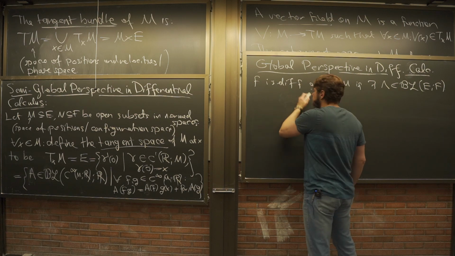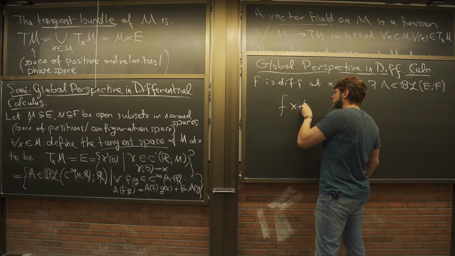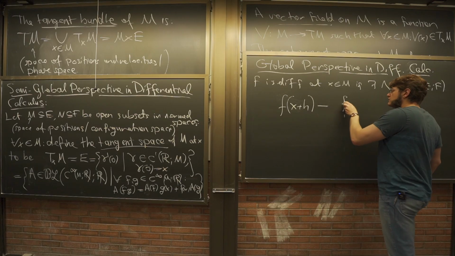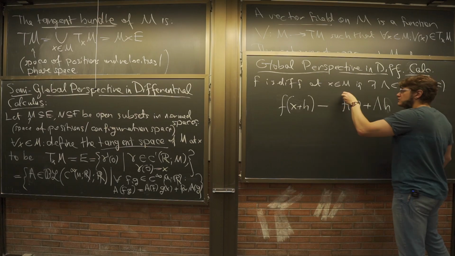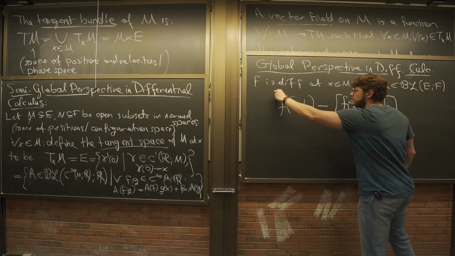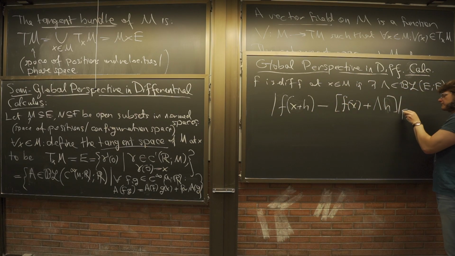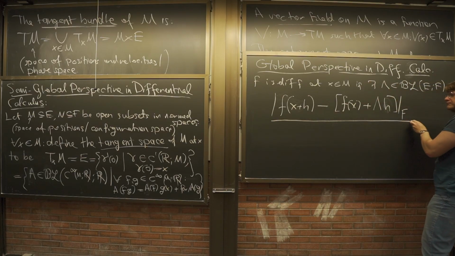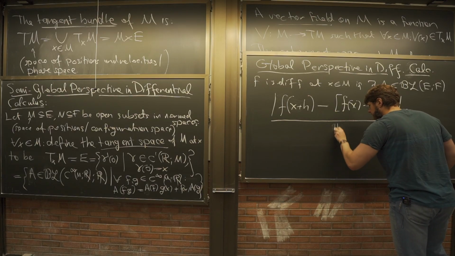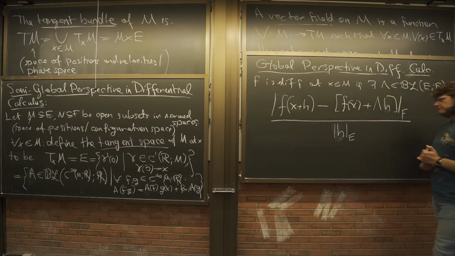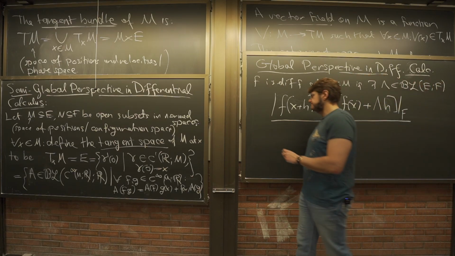Let me write it bigger. I look at this ratio, and as h, which is a vector in E, goes to 0, I want this limit to go to 0.